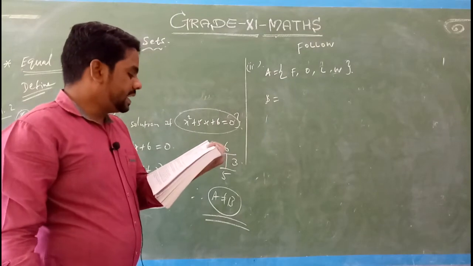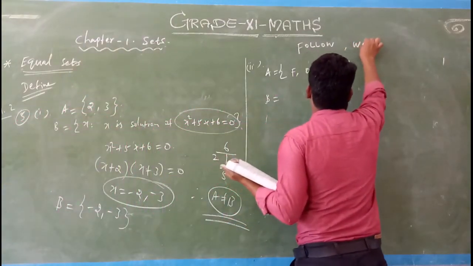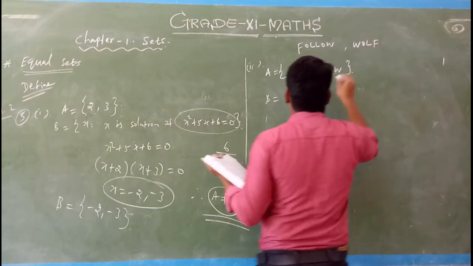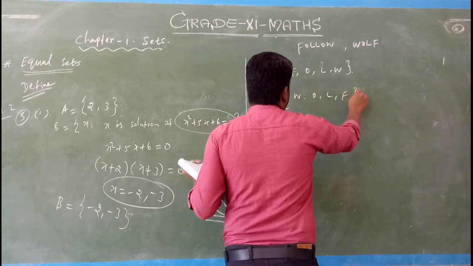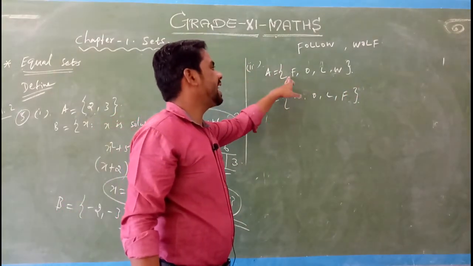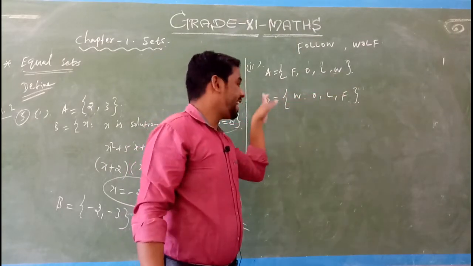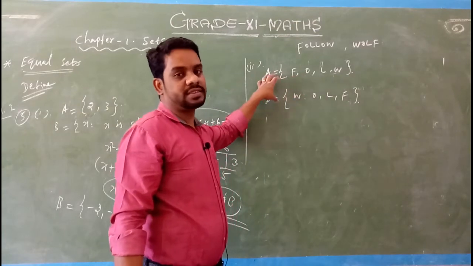{y such that y is a letter in the word WOLF}. So B has W, O, L, F. So let's see. Set A has 4 elements F, O, L, W, and B has W, O, L, F, but the order is different.